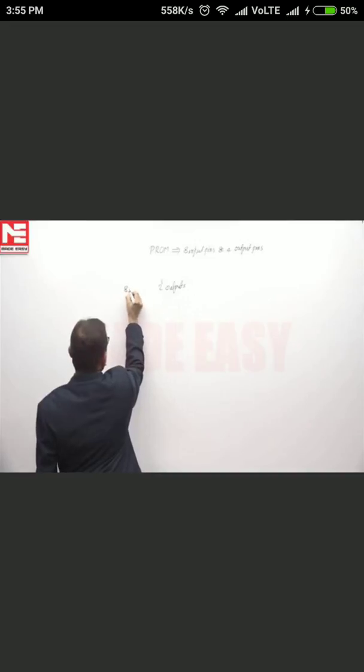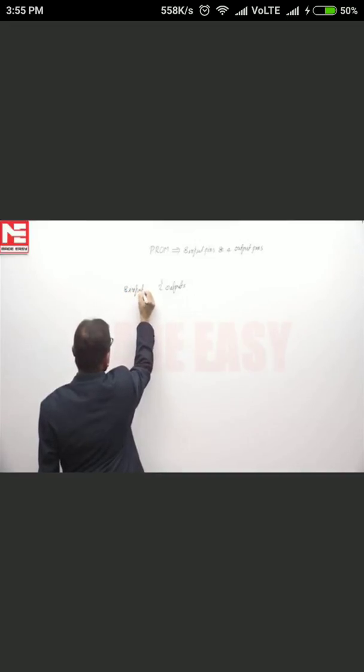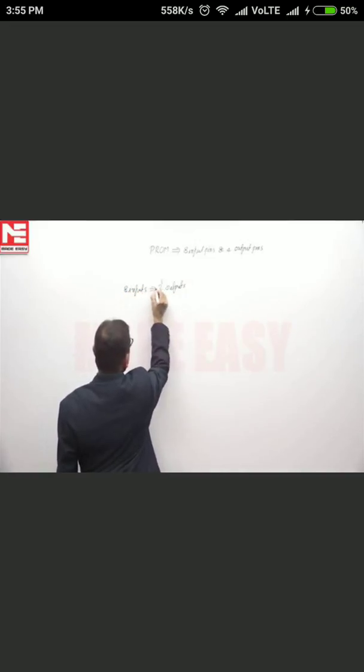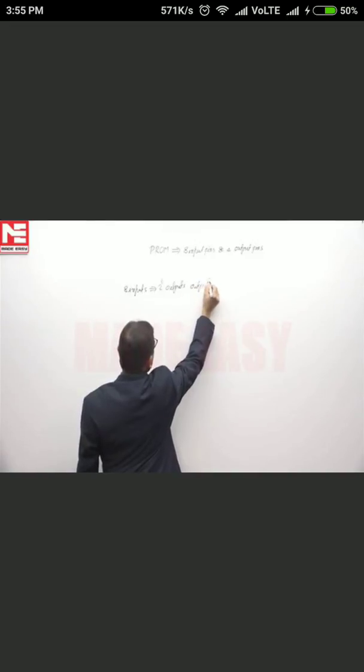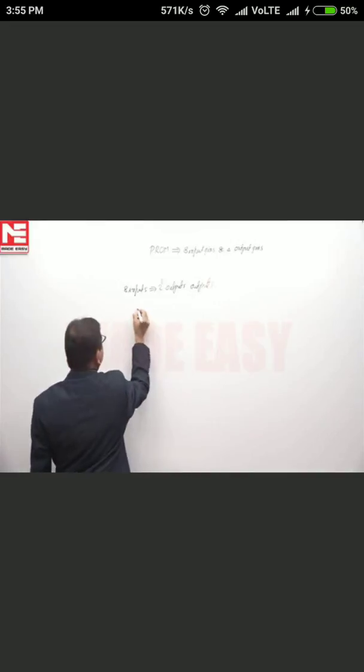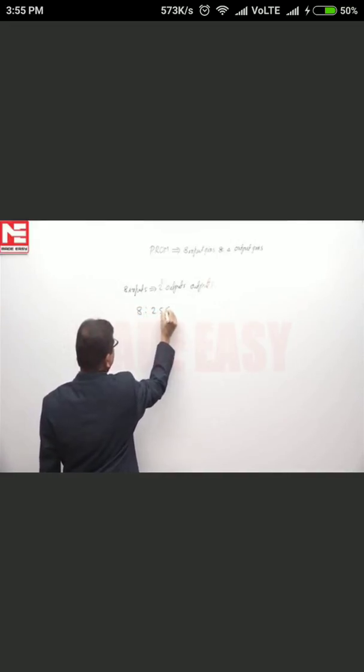So because of 8 inputs, the decoder will be with 2 to the power of 8 outputs. So that basically we are having a decoder of size 8:256.